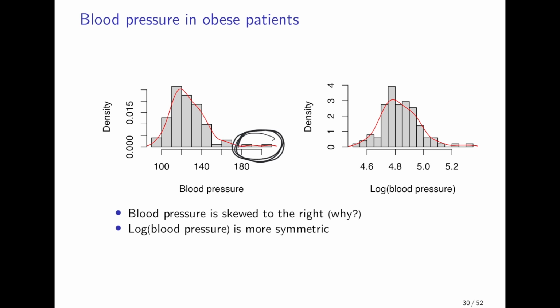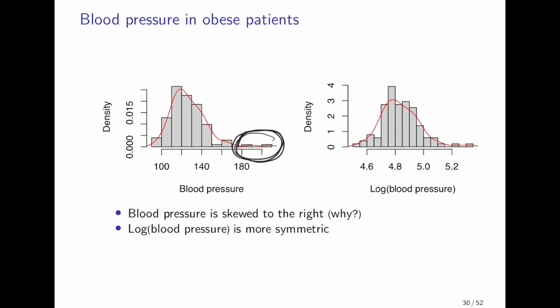This is a very common phenomenon with natural things that are labeled by positive quantities. For example, blood pressure. Blood pressure cannot go below 0, or whatever the physiological lower boundary is. But your blood pressure can be very high.